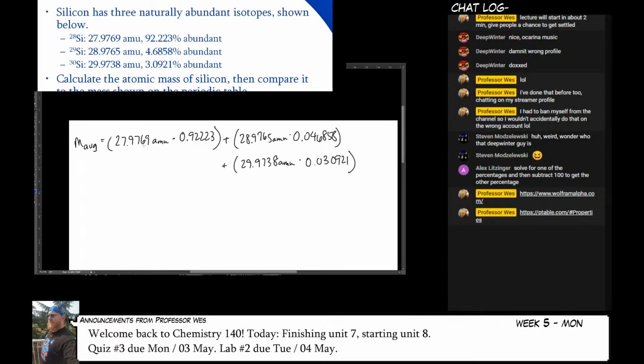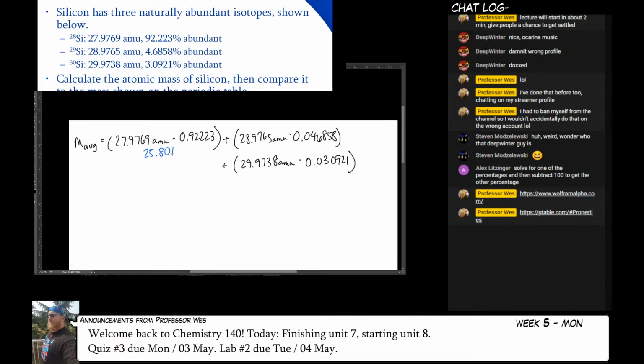All right, so this first one is they're all 5-digit numbers times each other. So the only issue we're going to run into is when we do addition. So I'm going to punch these in. 27.9769. Oh, actually, that's a 6-digit number. Well, the percentages are 5 digits. 0.92223. So this first one becomes 25.801.